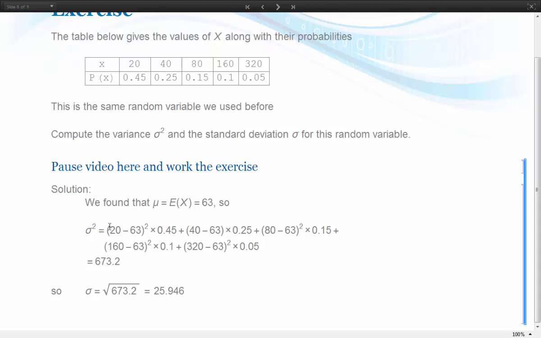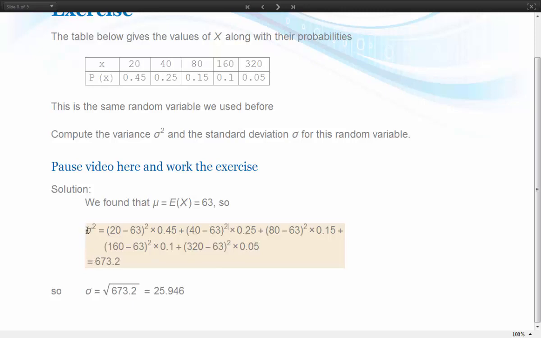So 20 minus the mean squared times the probability of 20, plus 40 minus the mean squared times the probability of getting 40, plus 80 minus the mean squared times the probability of getting 80, plus 160 minus the mean squared times the probability of getting 160, and finally add 320 minus the mean squared times the probability of getting 320.